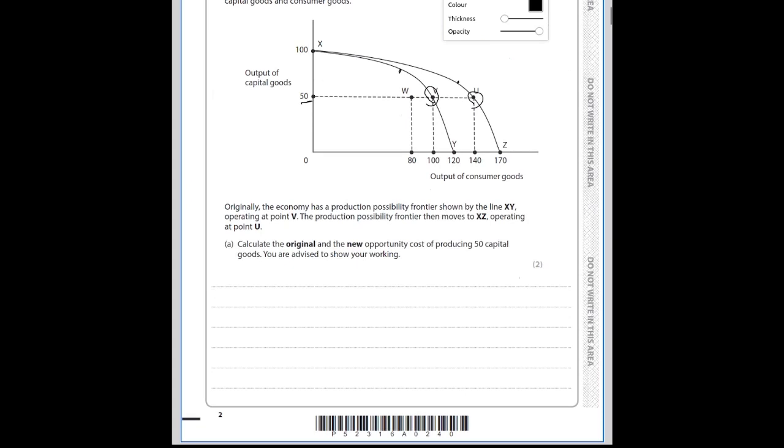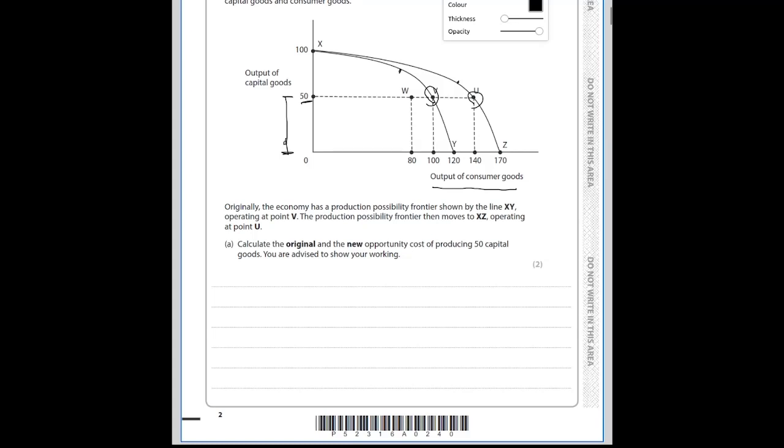So the 50 capital goods here is in line with V and U. What this suggests then is that we are going to be comparing the opportunity cost of choosing to produce those 50 goods with the amount of consumer goods we have to give up in order to produce that 50 capital goods.